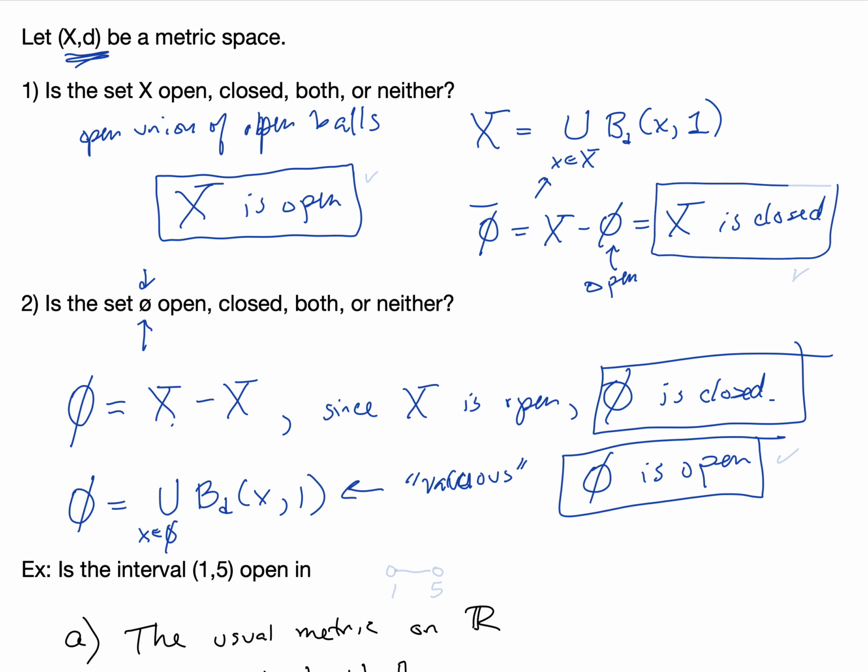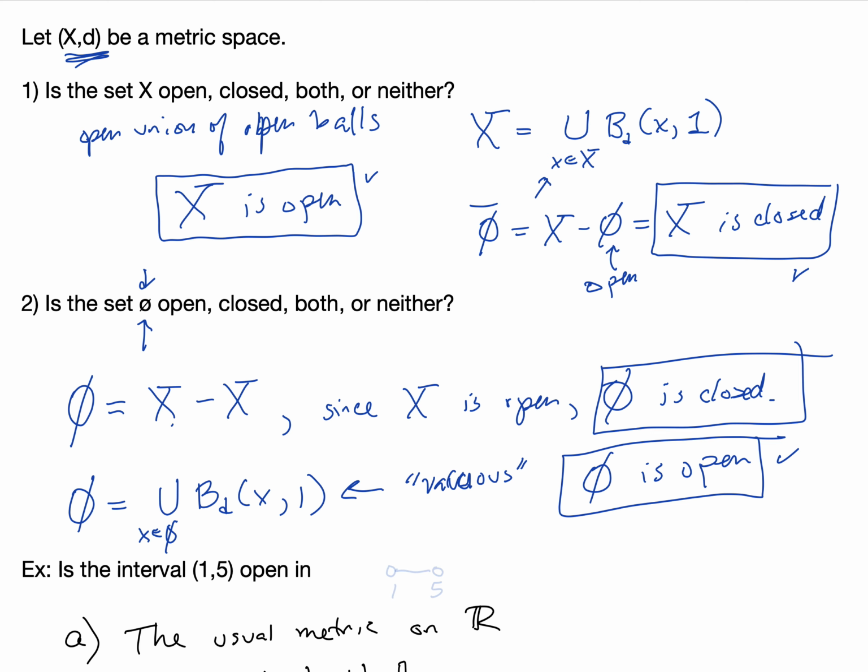So the complement of X is open, and therefore the entire set X is closed. So the entire set X is both open and closed in the metric space (X, d), which I think is pretty cool. Here's one last problem to try in this video.